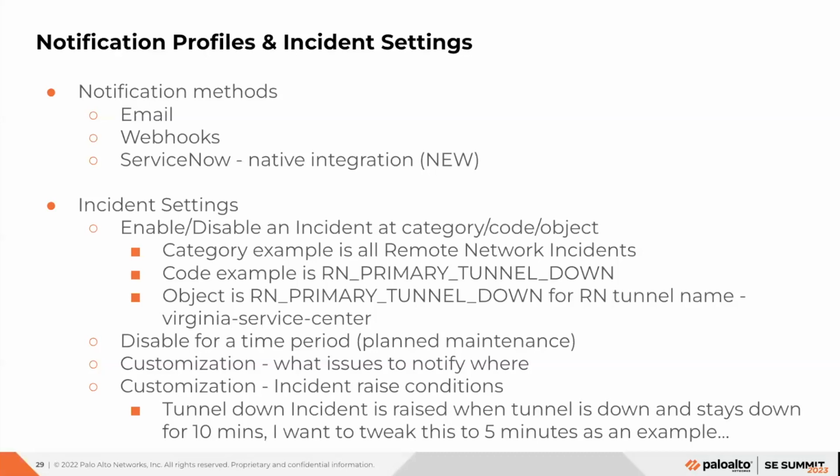And there are different categories, which are code or object-based categories. Category, for example, is all remote network incidents. Code example is like RN primary underscore T toggle down. And you can enable or disable for any planned maintenance activity. You can customize to receive those notifications and alerts.